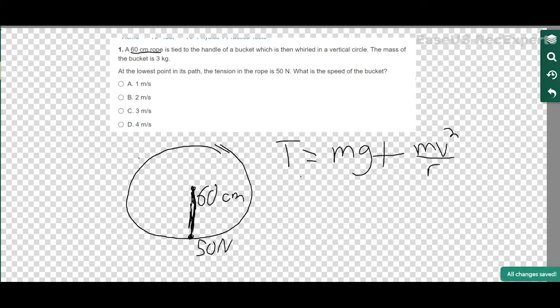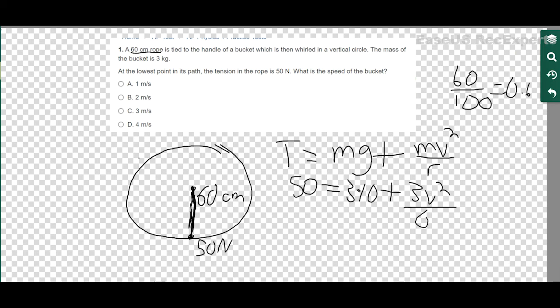So we know that 50 is equal to 3 times 10 plus 3 times v squared over our r in meters. So if you want to convert 60 centimeters to meters, we just divide it by 100, you get 0.6. So this is your equation.